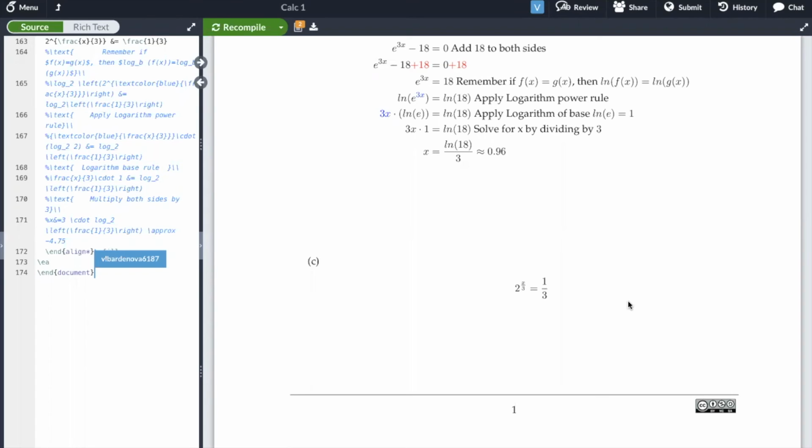In this case, I choose to take the logarithm with base 2 because I have 2 over here right in front of our x over 3, which is in the exponent. So by doing that, we'll cancel the base 2 on this side.